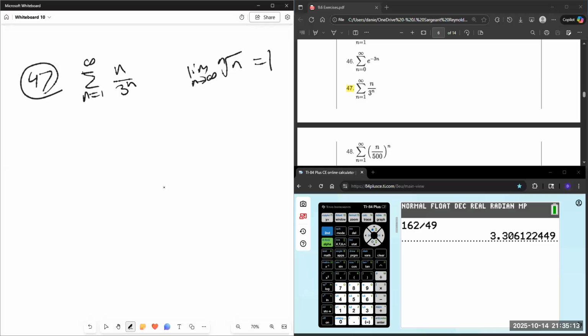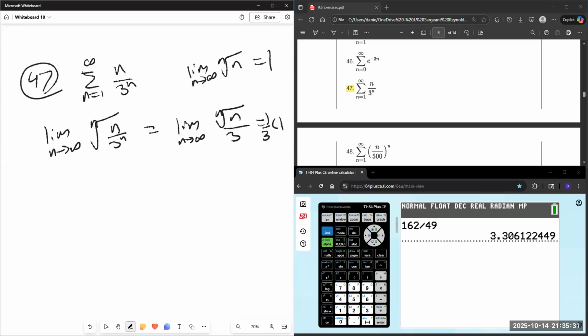We're going to need that in this problem. So the limit as n goes to infinity of the nth root of n over 3 to the n is the limit as n goes to infinity of the nth root of n over 3, which is 1/3, which is less than 1. So this converges.